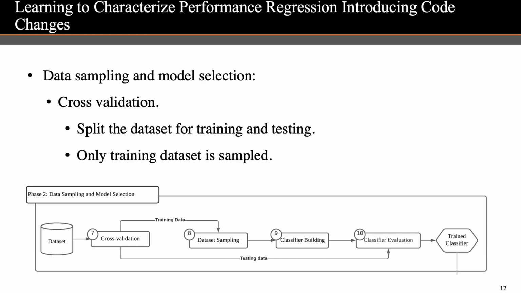The cross-validation process here is to split the dataset into training and testing. Only training dataset is sampled and that dataset is then used to train the classifier. Testing dataset is used to evaluate the trained classifier.